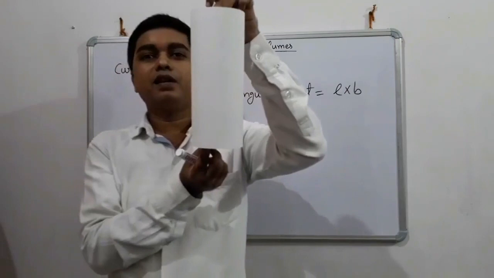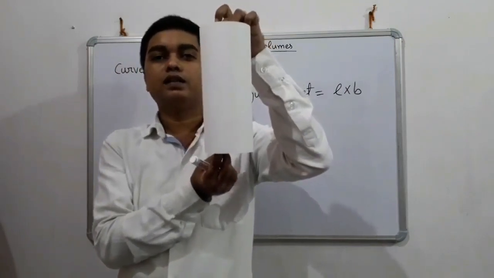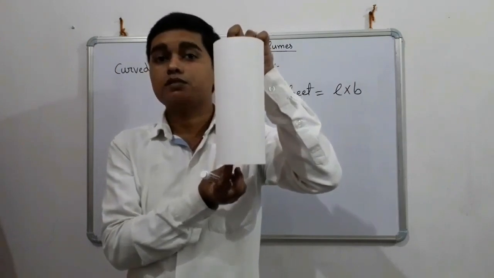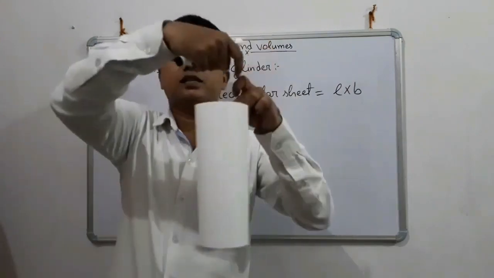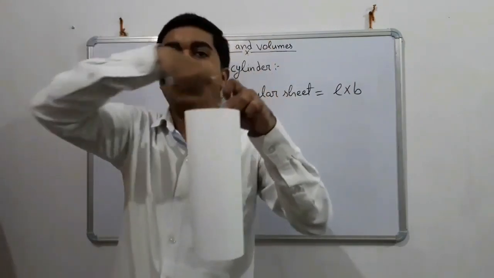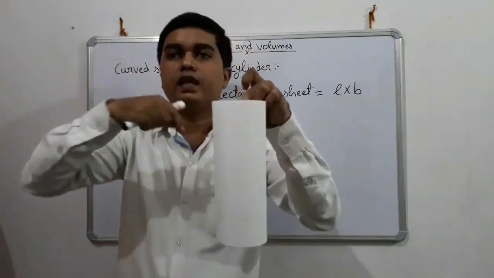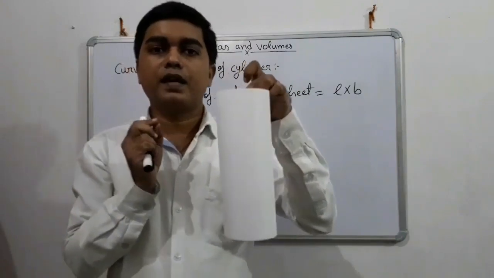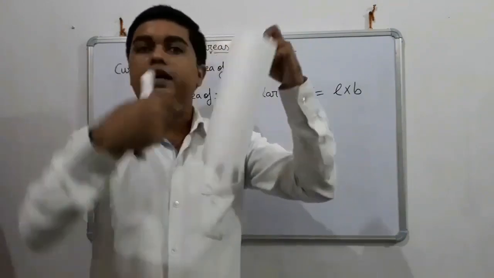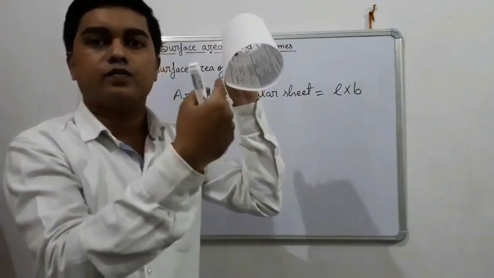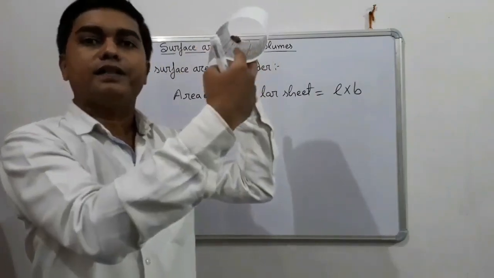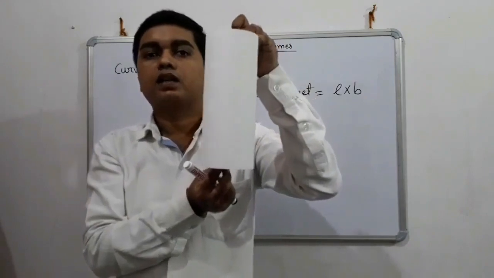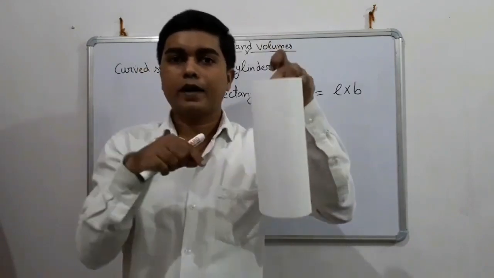If I now ask you to find the curved surface area of this cylinder, curved surface area means again the surface area of the outer boundary. Okay? Why is this curved, beta? It is called curved surface area because it is circular. Its base, look, that is circular. So that's why we call it curved surface area. In a cuboid, what was there?